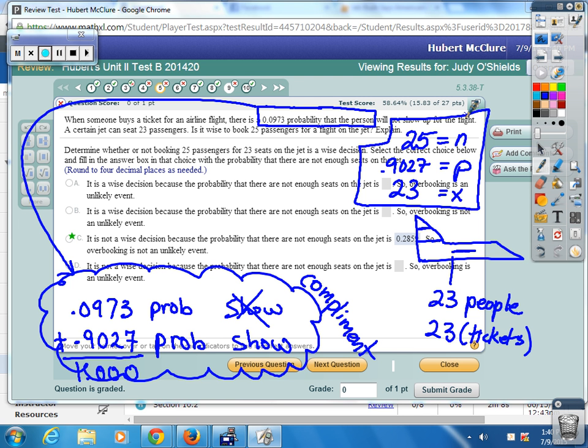Second bar is binomial PDF, and type in N, P, and X. And what's special about N, P, and X? You have to type them in order. So type in 25, P is 0.9027, and X is 23. And somebody tell me what that number is.